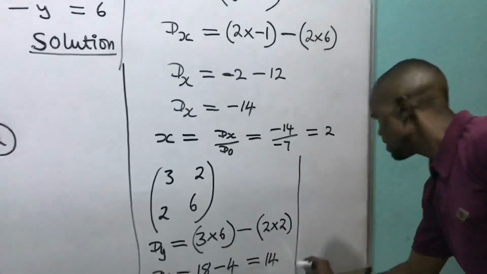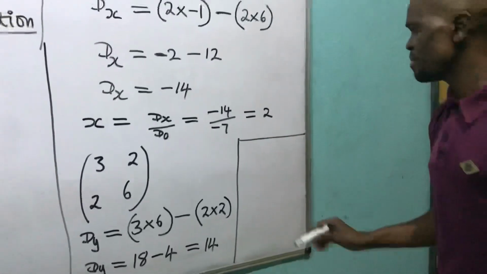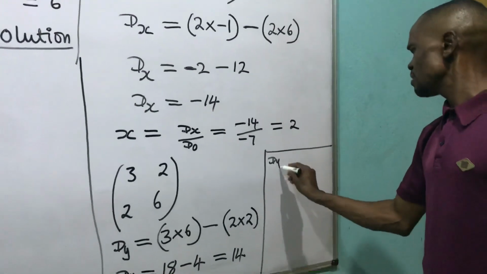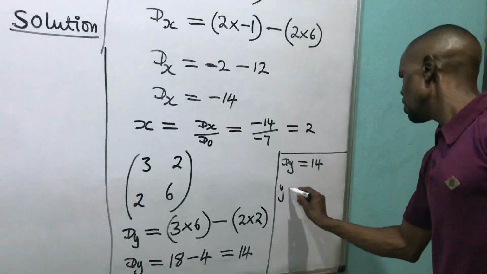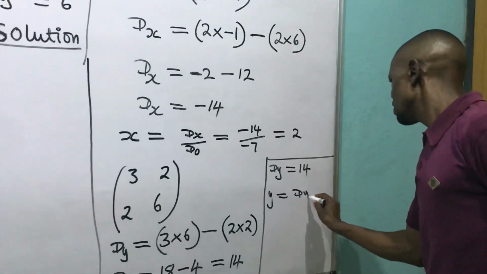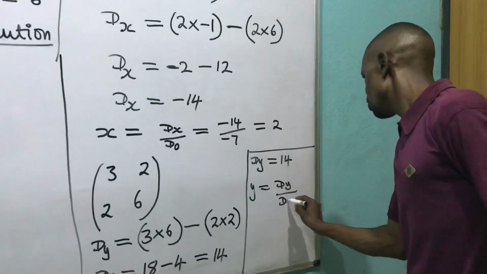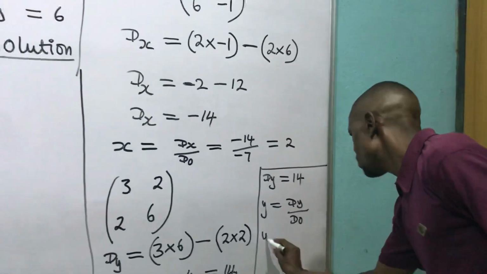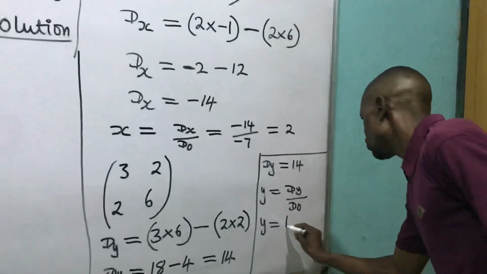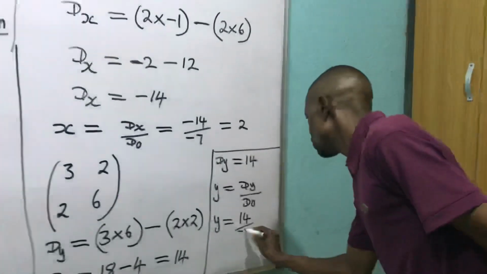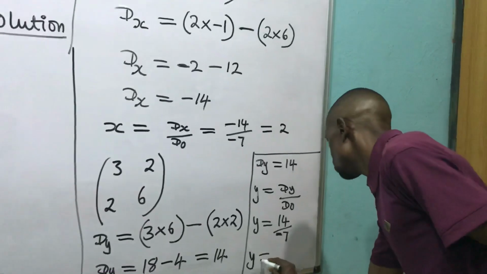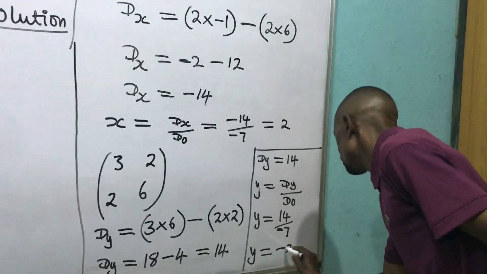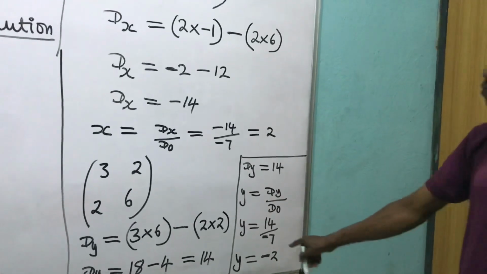Therefore, my Dy is equal to 14. Then my y will be equal to Dy divided by D0. That will give me y is equal to 14 divided by minus 7, my D0 is minus 7. Therefore, y is equal to minus 2.